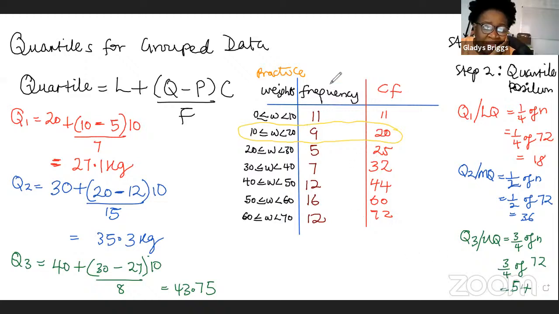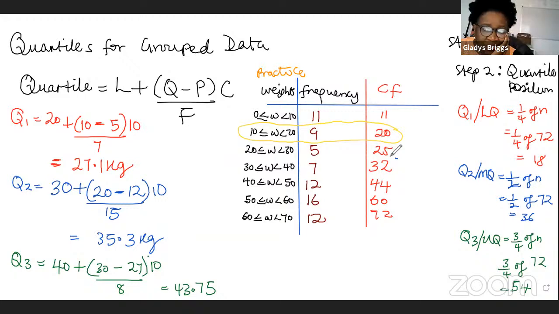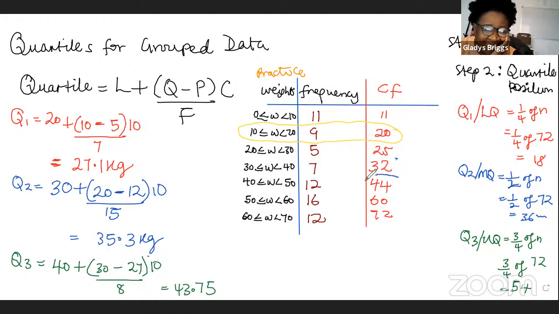We worked out where the first one will be. We need to work out where the second one will be. Where do you think it will be, in which class? 30 to 40? Yes, but not this one, because 36 is going to be here. Oh, yeah, it will be in this one. You're right. I'm trying to confuse you now. I'm sorry. It's going to be in this one, because 36 can't go in there.